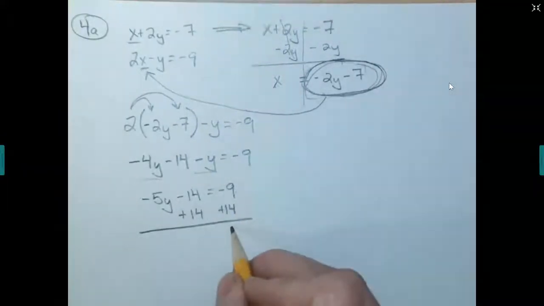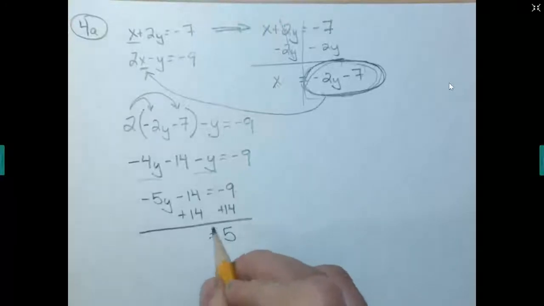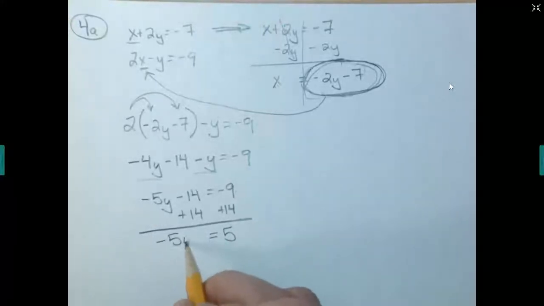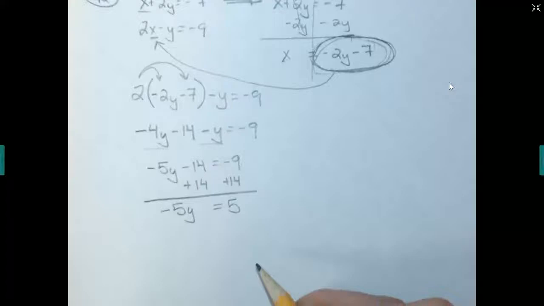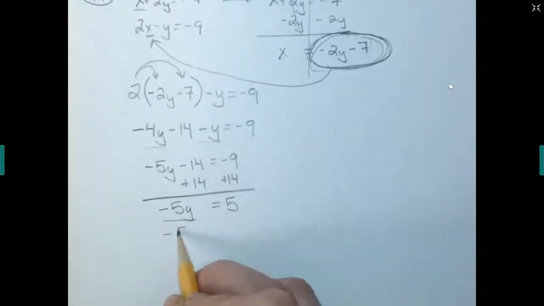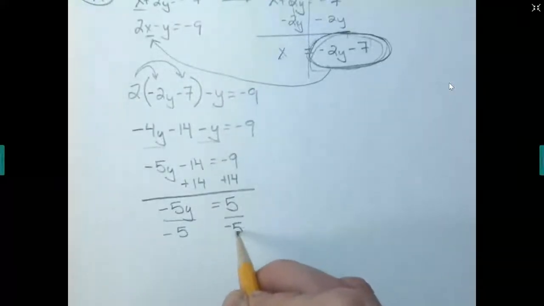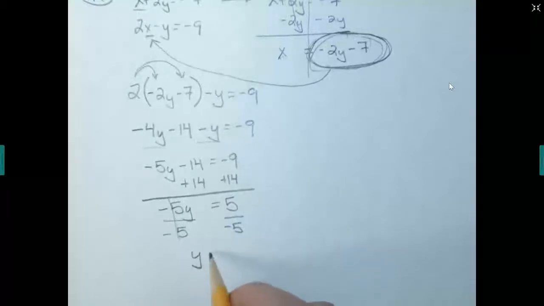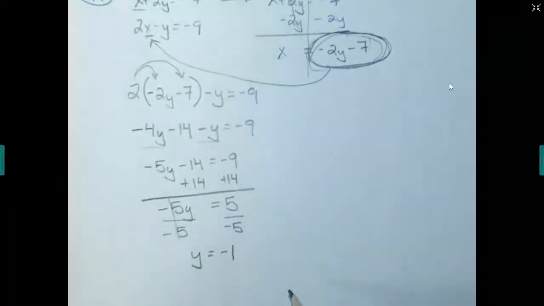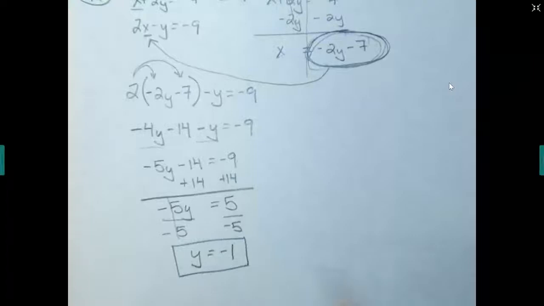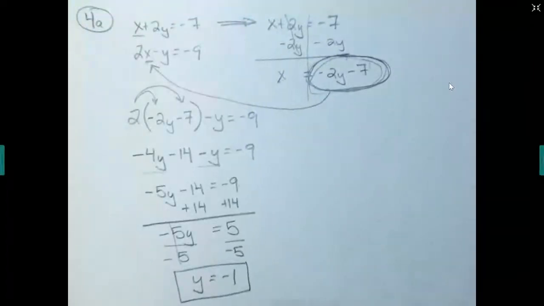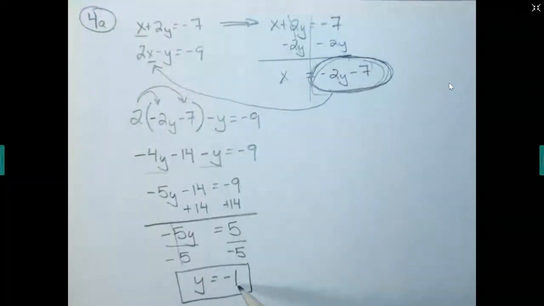That's 5, positive 5. And I have negative 5y equals 5. Finish my equation by dividing both sides by negative 5, and I get y equals negative 1. One of my answers is y equals negative 1.